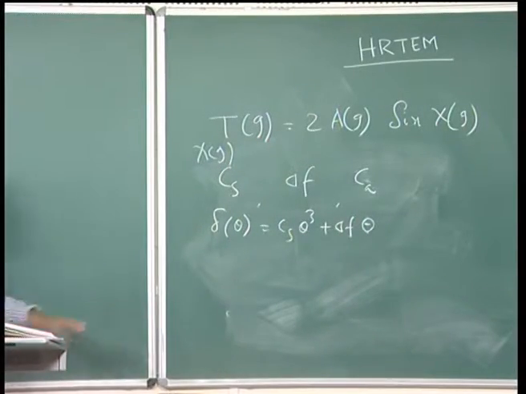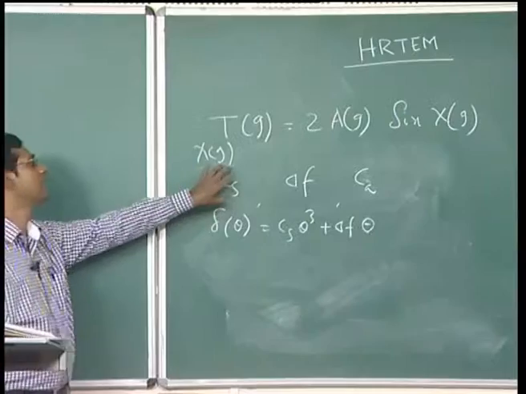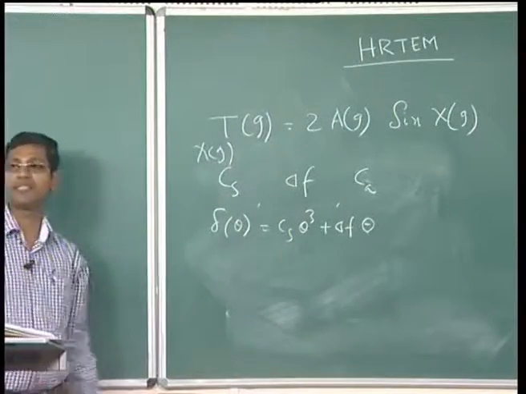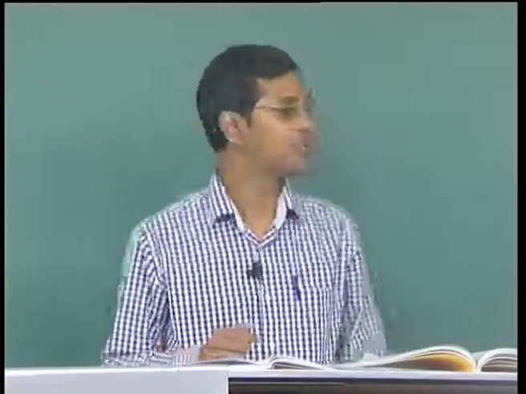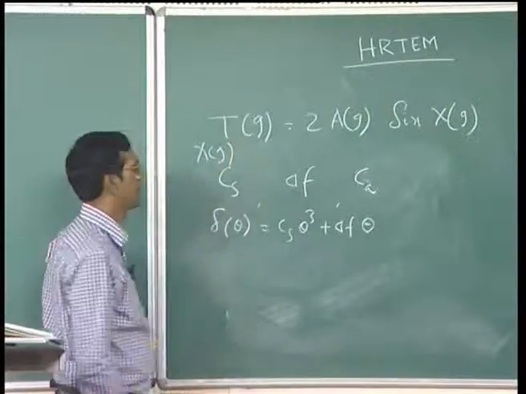Astigmatism can be easily corrected, as you know, even in a normal camera, but these two parameters, Cs and delta f, need to be optimized to have the best value of the transfer function, so that we can obtain very good resolution in the images.